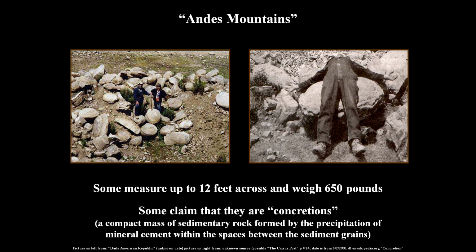Some claim that they actually are concretions. And what that is, it's a compact mass of sedimentary rock formed by the precipitation of mineral cement within the spaces between the sediment grains.